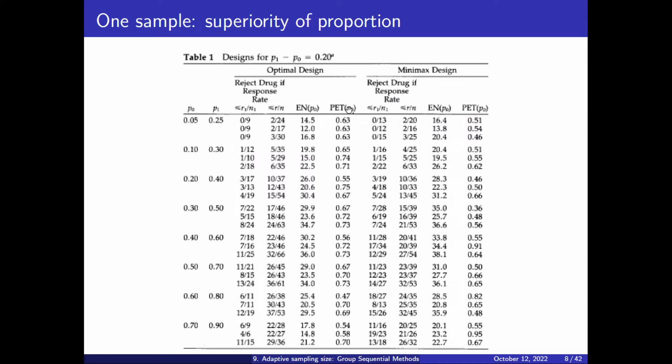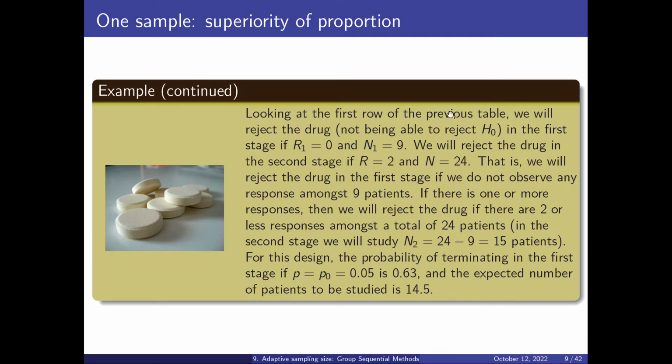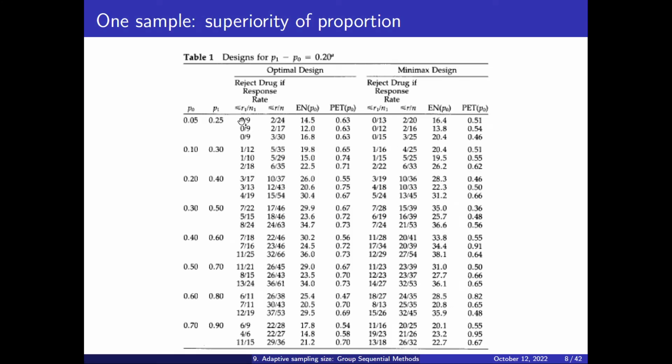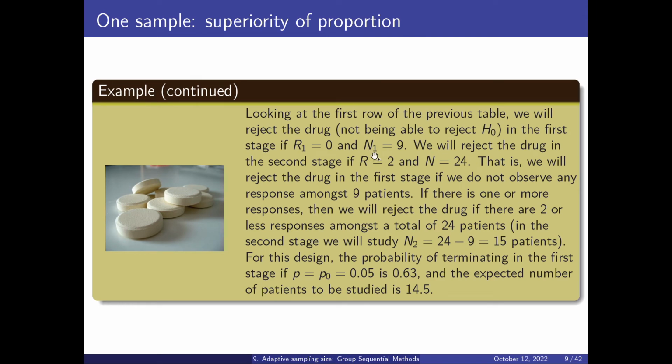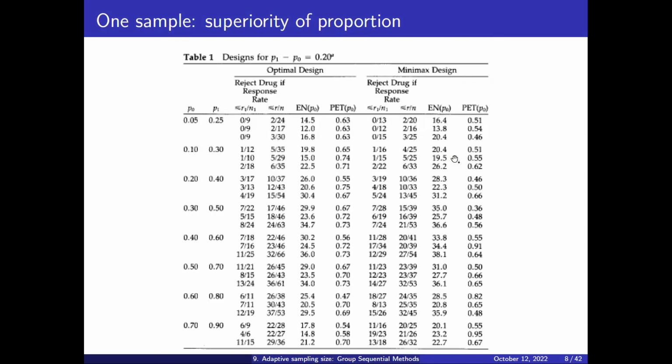Let's interpret it. In the first stage we have R1 0, N1 9. This is this entry here. So we have 0 and 9. And in the second stage we have 2 and 24.